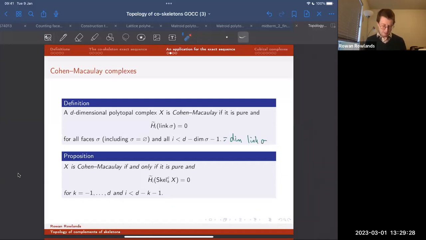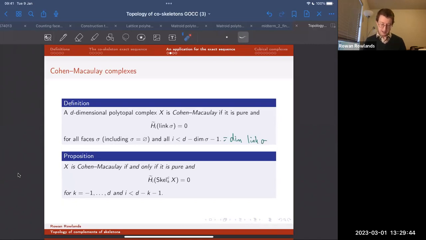This proposition looks pretty similar to the definition of Cohen-Macaulayness in terms of links. We just replaced the word link with the co-skeleton in this definition, and haven't really changed anything else.